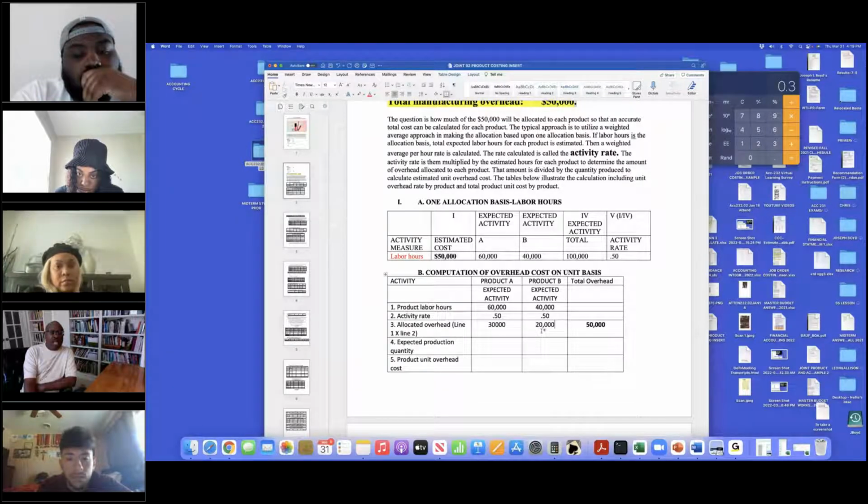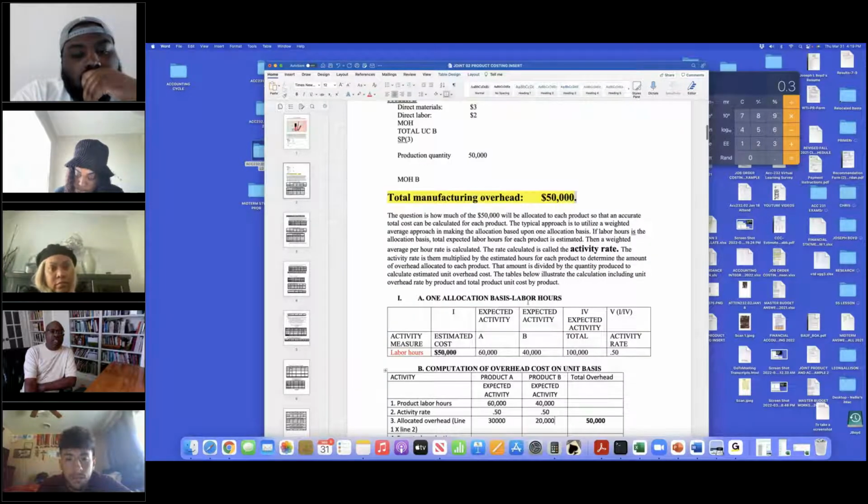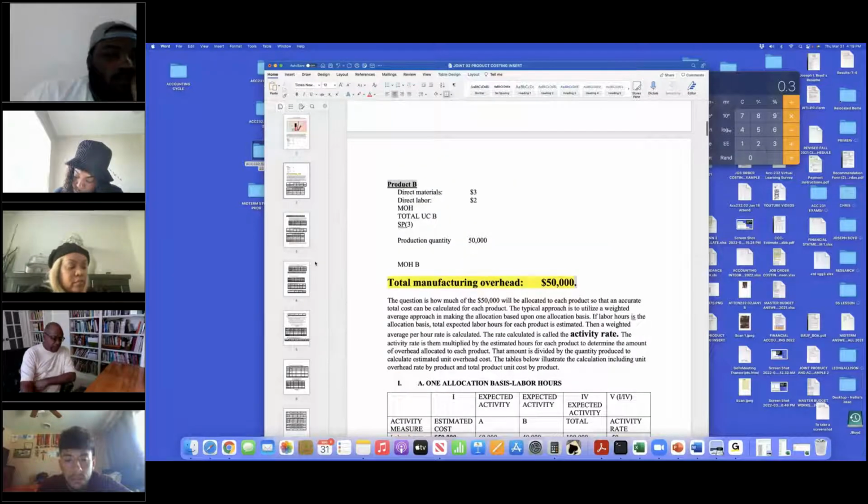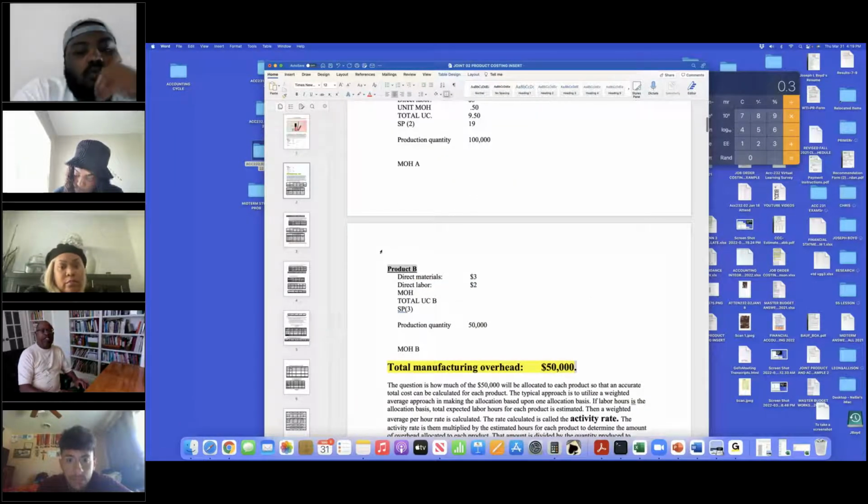So now we have the overhead. Now I want you to go back and calculate those unit costs, if the overhead for A is 30,000 and the overhead for B is 20,000.